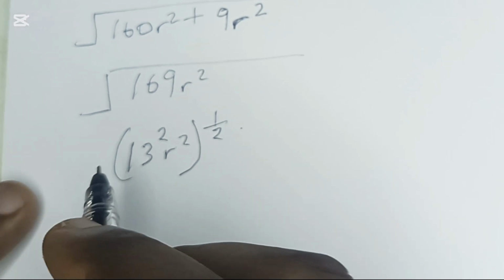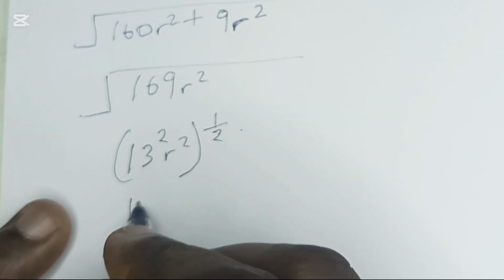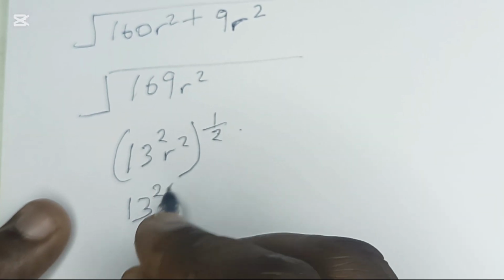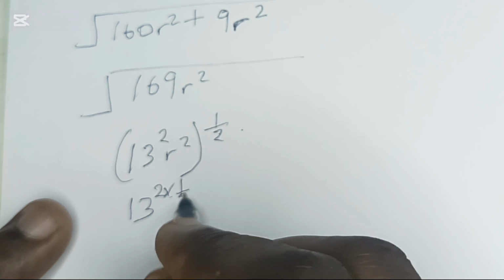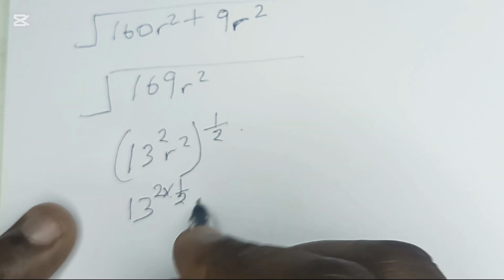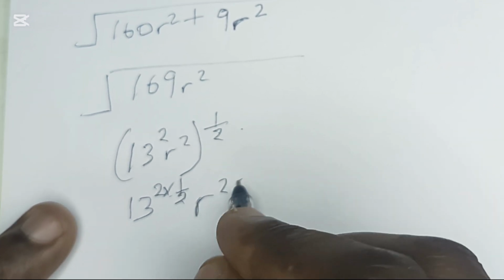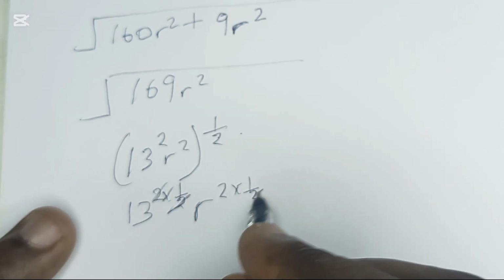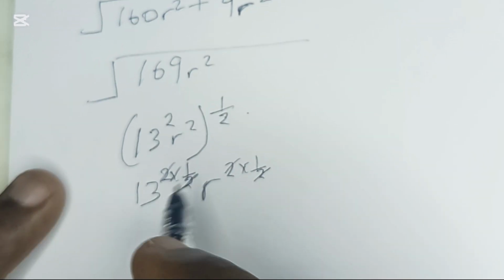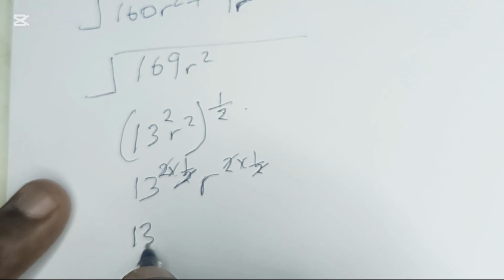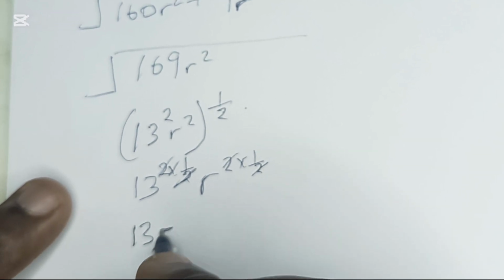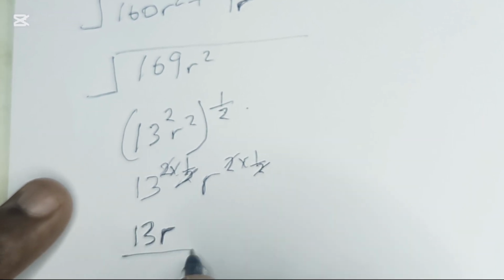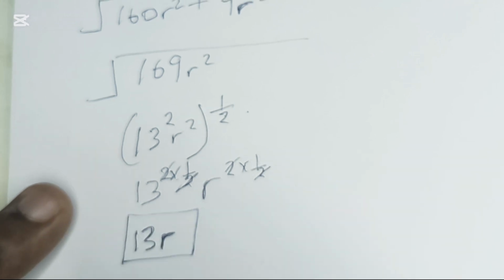So spreading this over this, we have 13 raised to the power of 2 into 1 over 2, r raised to the power of 2 into 1 over 2. This cancels this, this cancels this. So we are left with 13r, and this is our final answer.